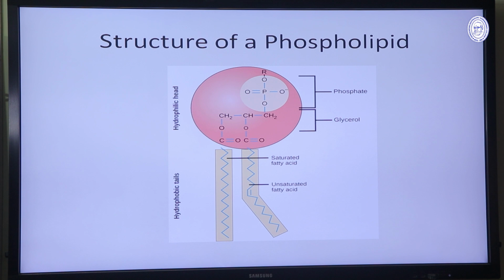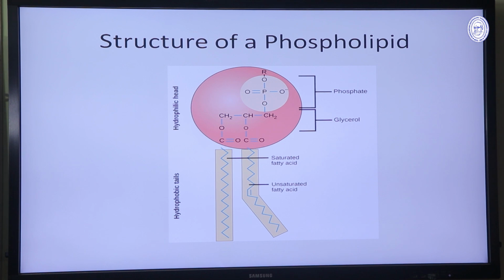One is straight, that is the saturated chain, and another is bent, that is the unsaturated chain. And the 3rd carbon here is not forming any chain or tail, but it is bound to a phosphate ion. Now, we know that the phosphate ion has negative charge.